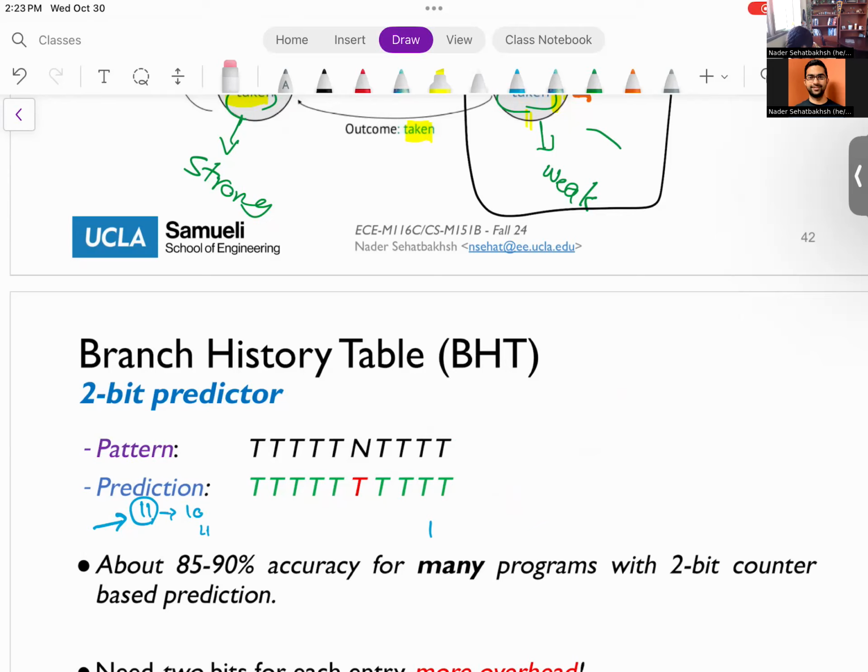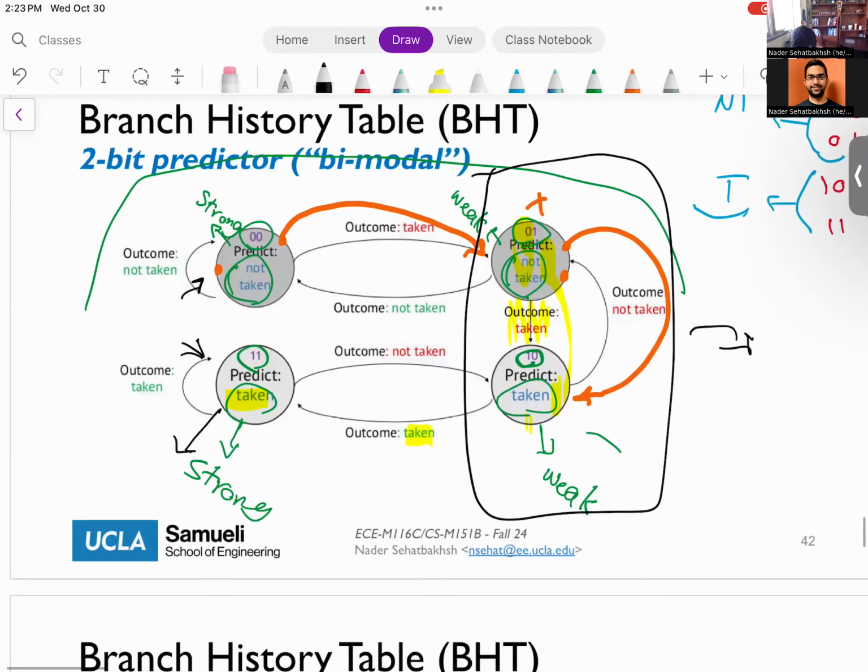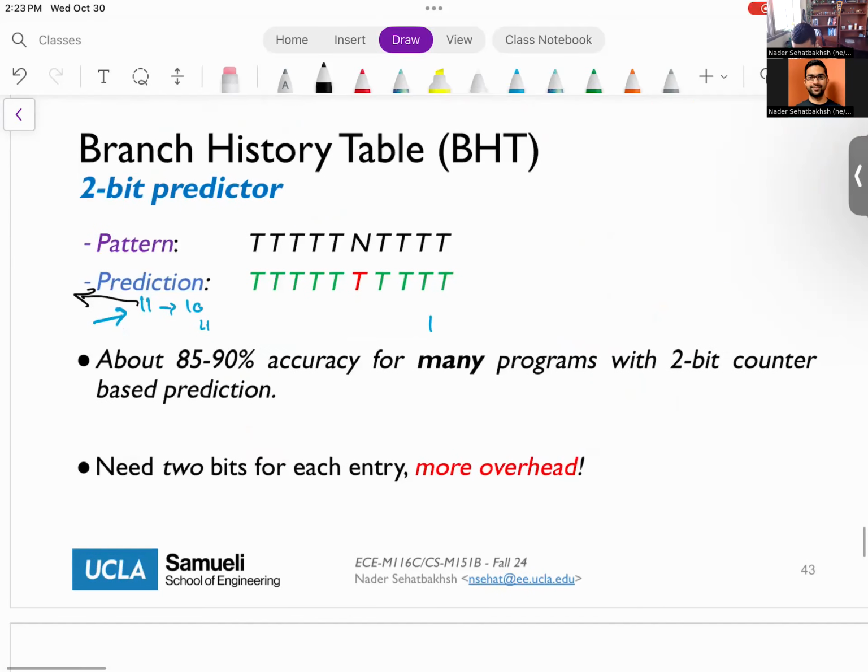Let's say, for example, we start with strong taken. Okay, so we start with 1-1, which was here. What we're going to see is that we predict taken, taken, taken, taken, because we're seeing taken, taken, taken. At some point, we're still going to predict taken, although the actual outcome was not taken.